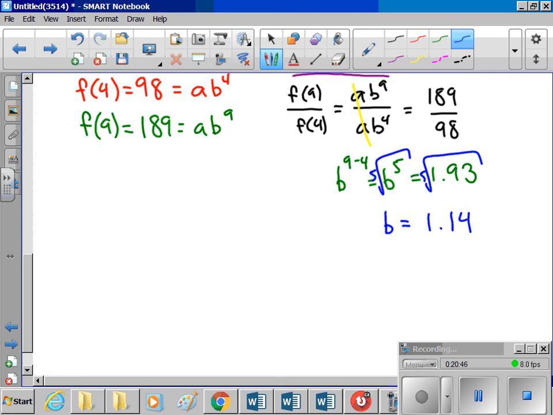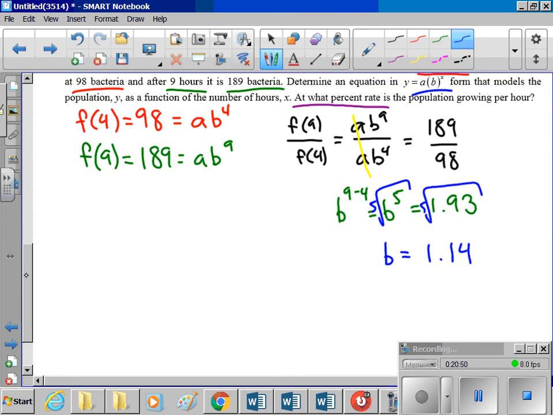Now we're working with some real gritty numbers, right? Nothing like the 2s and 1/2. Okay. So now that we have our b, same as we've done for the last 3 problems, we're going to plug back into one of our points. And let's do the red one.